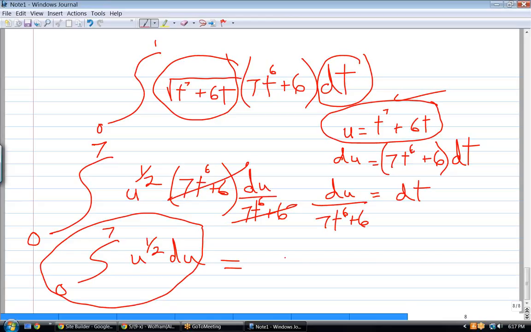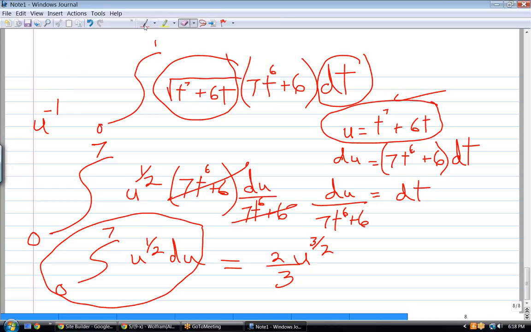What's the integral of u to the 1/2? It wouldn't be natural log, would it? No. Add 1. Always think the power rule first. Okay, so u to the 3/2, and then it's 2/3. Notice that if you were to think of the power rule first here, you would realize immediately that you have problems, because when I add 1 and try to divide, I'm dividing by 0.